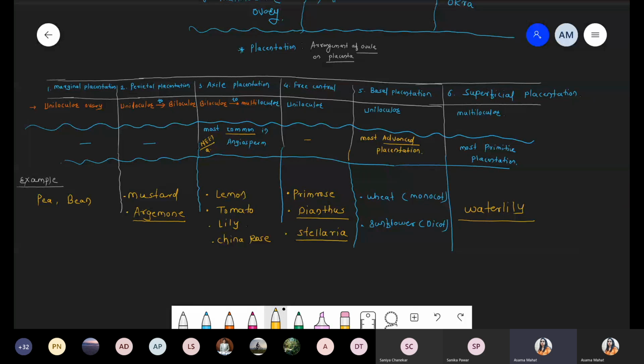And definitely there's a question from the diagram, so you have to remember the diagram. Okay. Is there any doubt from today's class? No, ma'am. Okay, very good.